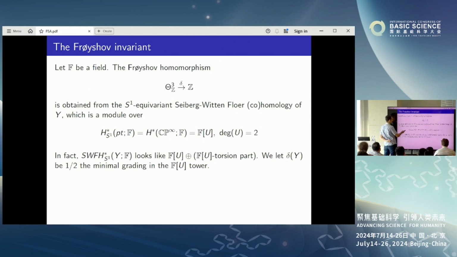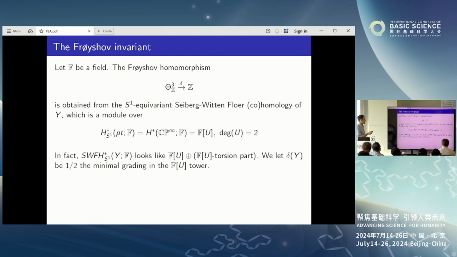You can show that the Floer homology looks like a free part, just one free part if the three-manifold is a homology sphere, and then some torsion part over the ring F[U]. It has a natural grading, and you look at the grading of the free part. So you extract one number, after a complicated story using the Seiberg-Witten equations, and this gives you a homomorphism from theta 3 Z to Z.